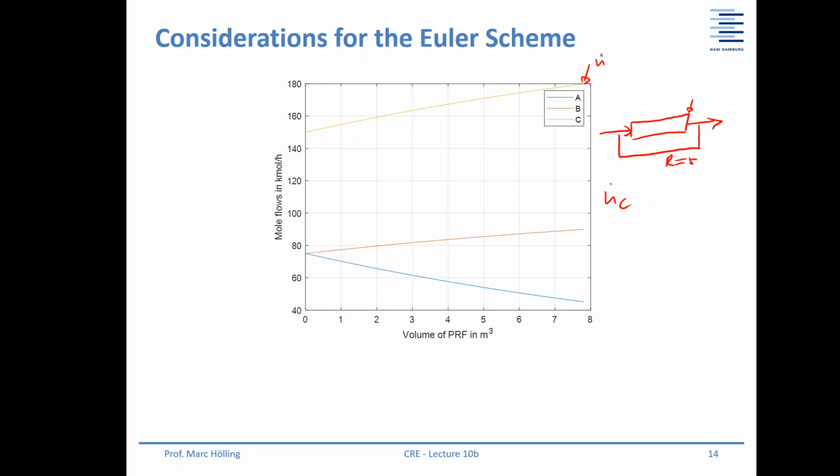This should be n_C reactor, which is 180 kilomoles per hour, and so your mole flow leaving the reactor is just 1 over R plus 1 times n_C reactor.